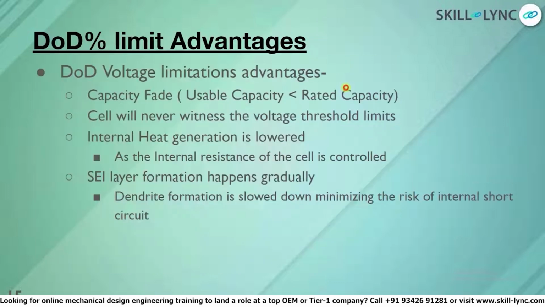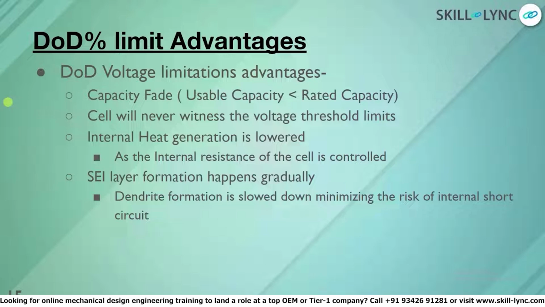So what are the advantages? As we saw in the presentation, now we'll understand the advantages of the DOD limit. The capacity fade could not be an advantage, it's a limitation, because the usable capacity is less than the rated capacity. But the cells will never witness any of those voltage threshold limits.